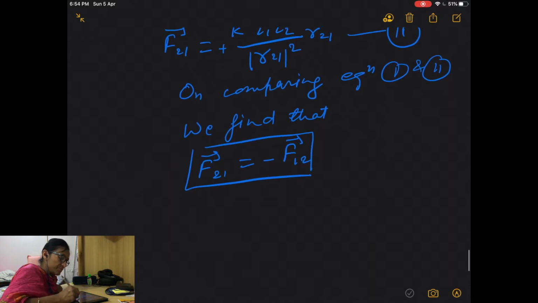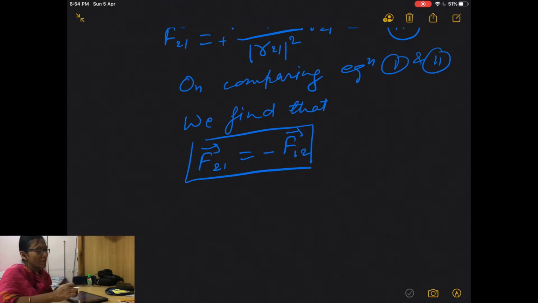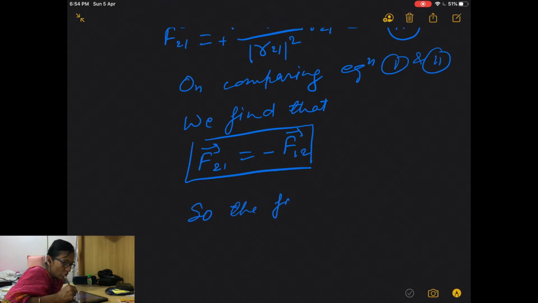So the electric forces are equal and opposite in nature, which means they form an action-reaction pair. There are two forces which are equal and opposite. So the forces are equal and opposite.